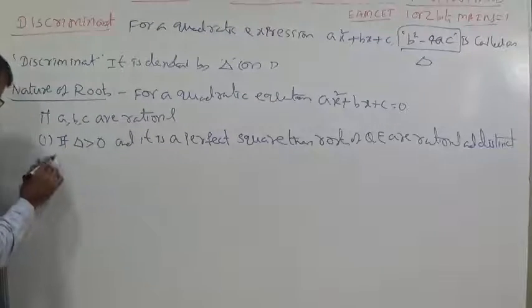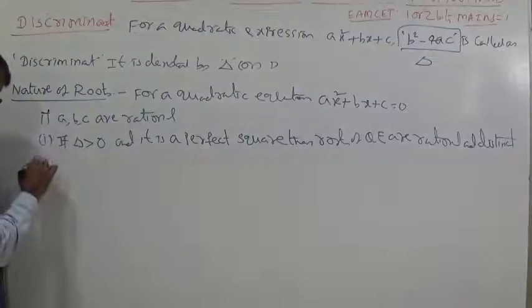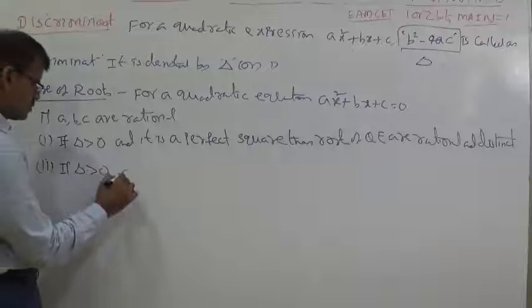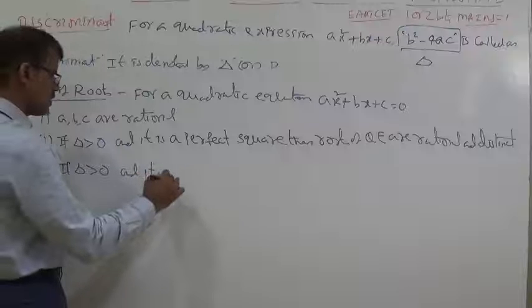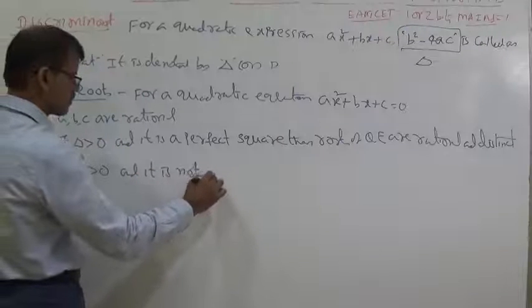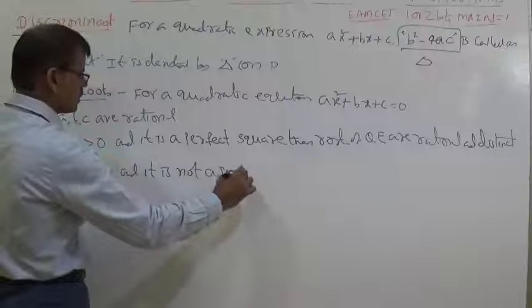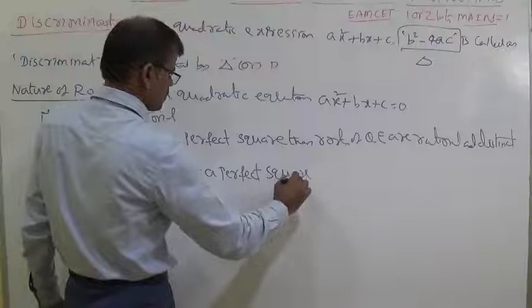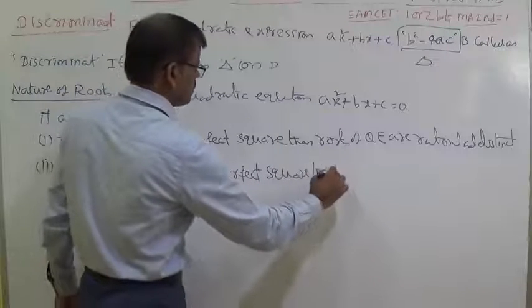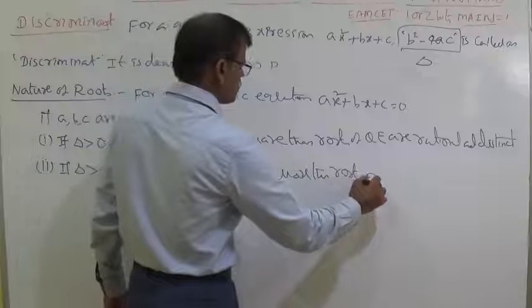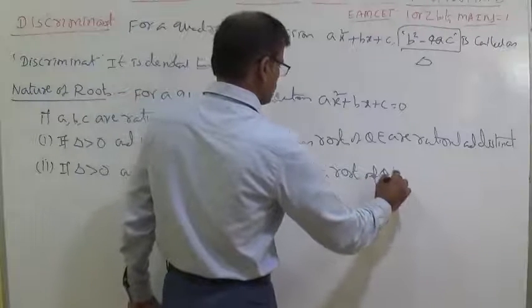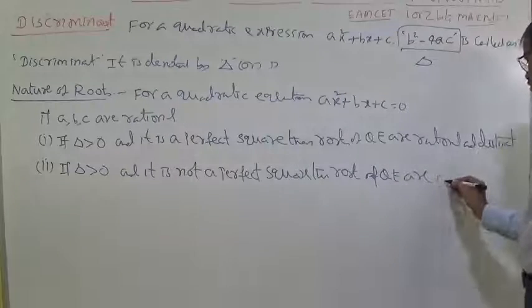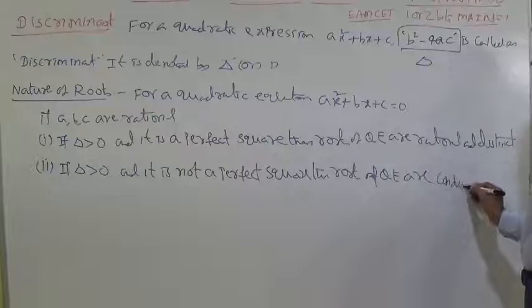Among them, second one, if delta greater than 0 and it is not a perfect square, then roots of QE are conjugate surds, you can write.